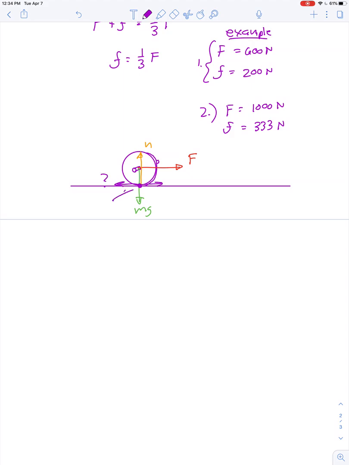Okay, so then let's let the contact point be the axis of rotation, then it won't matter. Either way, the friction would be non-torque producing along with the normal force and the mg force. So our only torque producing force is F, this time with a lever arm of R, not 2R. So our net torque would just be Fr.